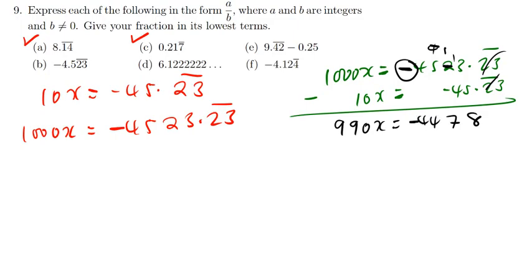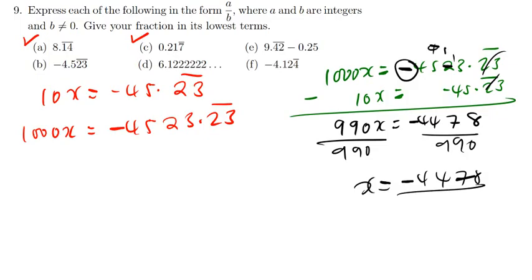Is there any mistake there? No. So 4478. Let's divide everywhere by 990. So x is equal to negative 4478 divided by 990. If there is a number which can go there, then you can do it. Do you think 2 can go into 990?